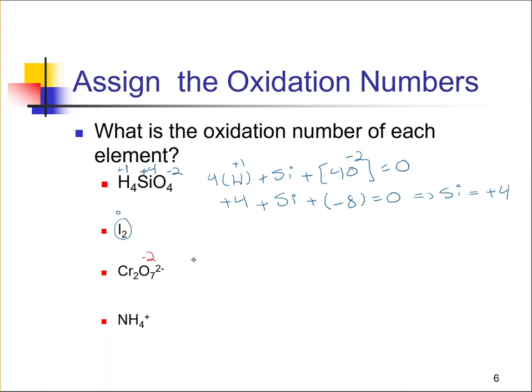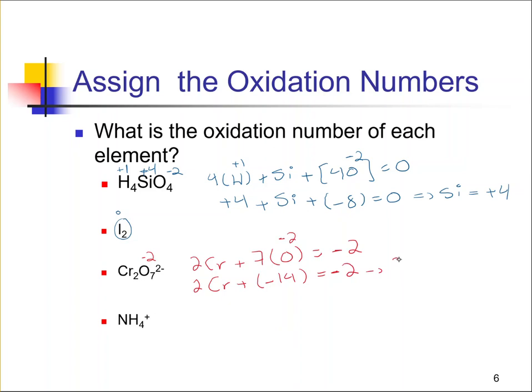So it means that the oxidation number of 2 chromium plus 7 oxygen, each oxygen negative 2, should equal negative 2, which is the charge of this polyatomic ion.